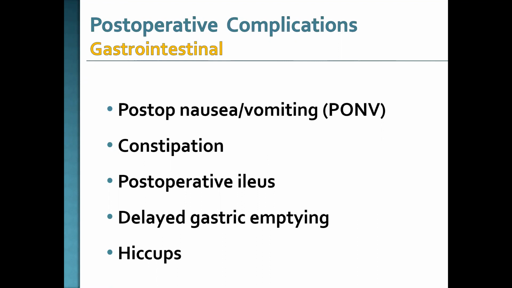Delayed gastric emptying and slowed peristalsis that result from handling the bowel during abdominal surgery contribute to post-op nausea and vomiting, as does starting the oral intake too soon after surgery. Constipation may occur postoperatively due to anesthetics used during surgery that may paralyze the intestine, immobility, and alterations in diet and fluid intake pre and postoperatively, and the use of opioids for pain relief will all affect the risk for constipation.